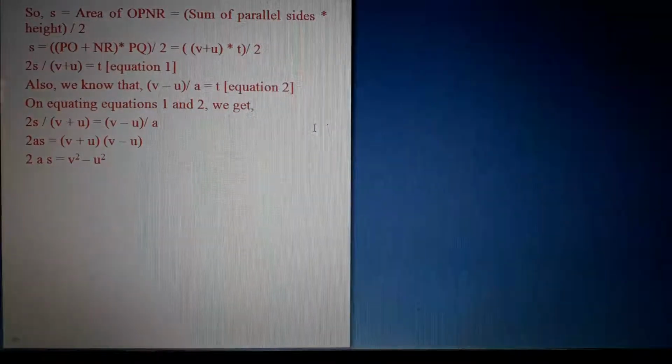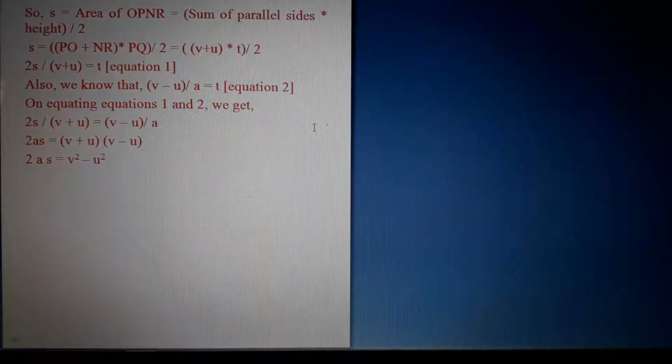PQ is time. T divided by 2, which gives what? Just substitute it. 2s, take the 2 there, we can easily bring it. 2s divided by V plus U will give what? T. Isn't it? It's just a simple substitution of all these values in that equation.